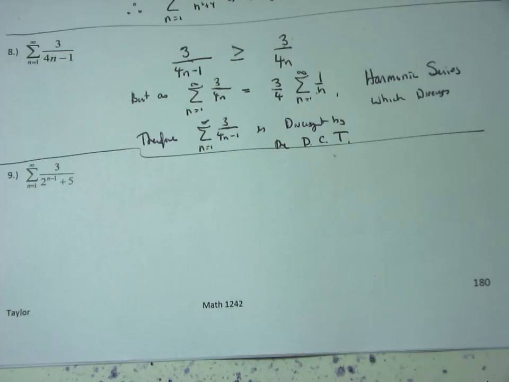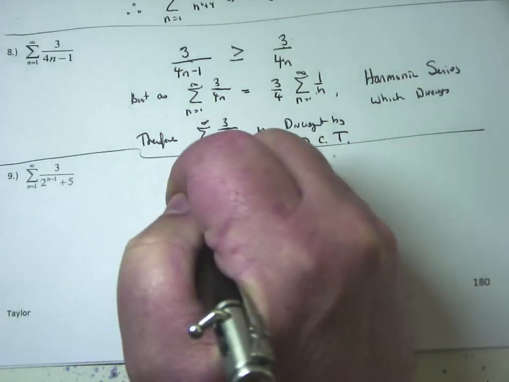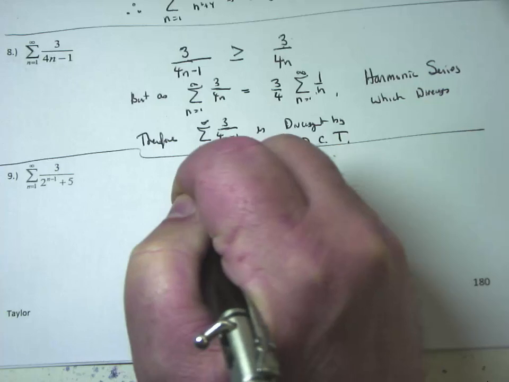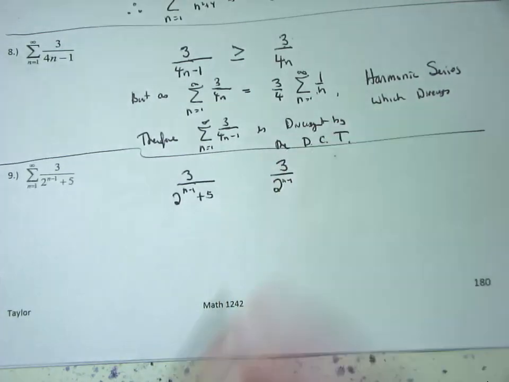Now, look at this guy here. The sum as n goes from 1 to infinity of 3 over 2 raised to the n minus 1 plus 5. Well, if that plus 5 wasn't there, so let's talk about it. 3 over 2 to the n minus 1 plus 5. How would that compare to 3 over 2 to the n minus 1 without the plus 5? It's these plus constants that are killing me.